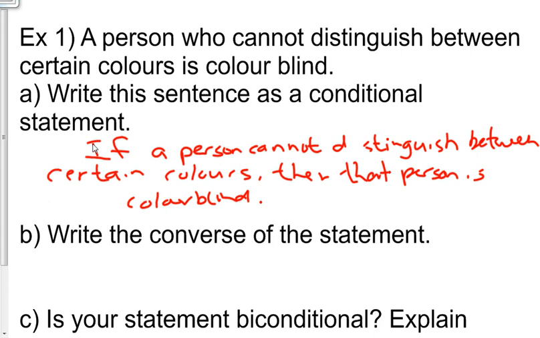Write the converse of the statement. The converse, we flip P and Q, so then a person is colorblind.